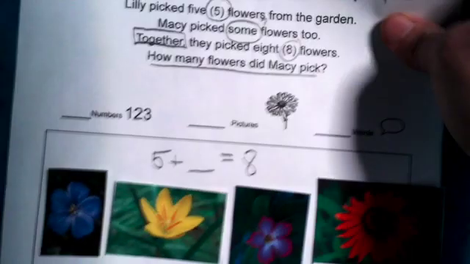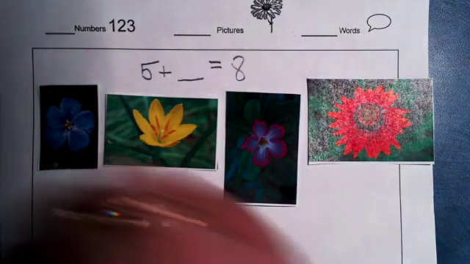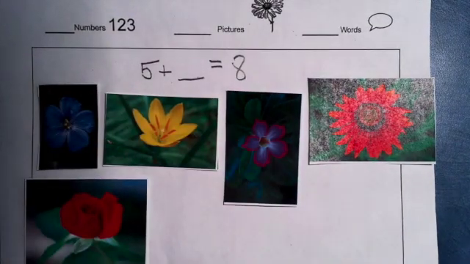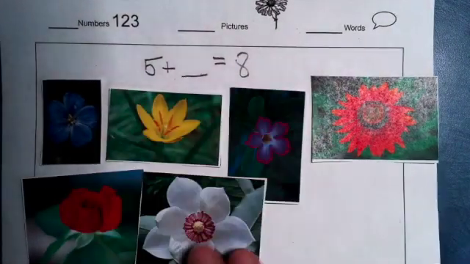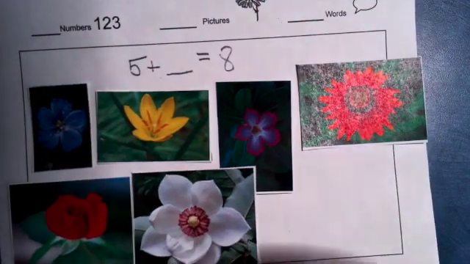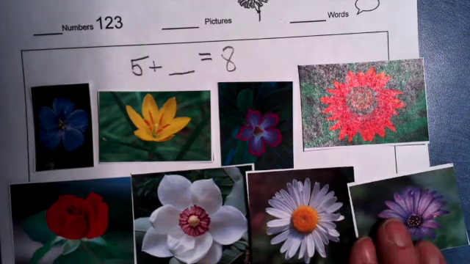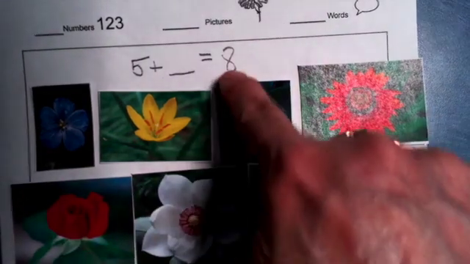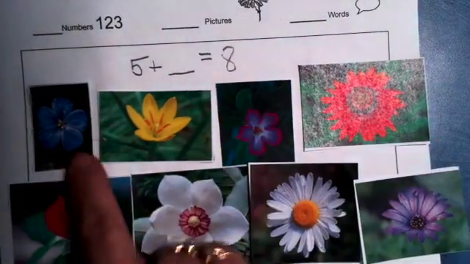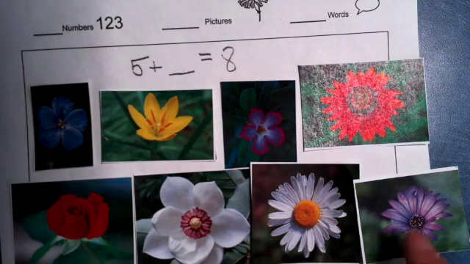Let's put this up here a little more. 5, 6, 7, 8. So here's our 8 flowers. That's how many they had all together at the end, right? 1, 2, 3, 4, 5, 6, 7, 8.